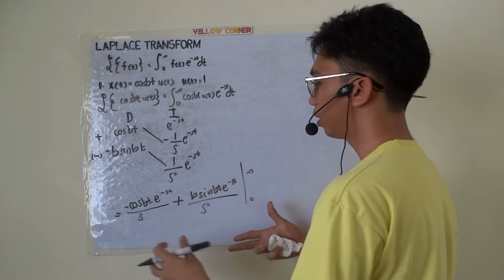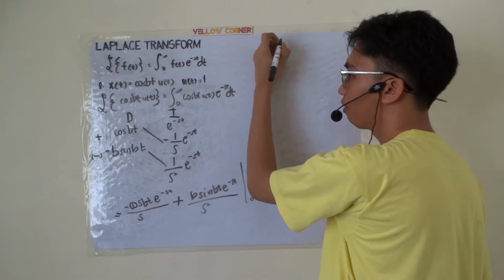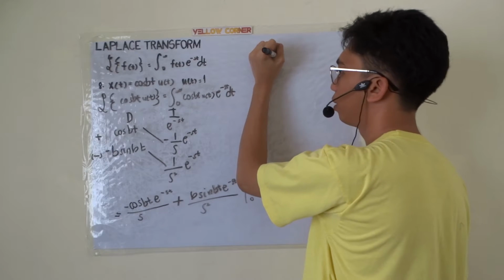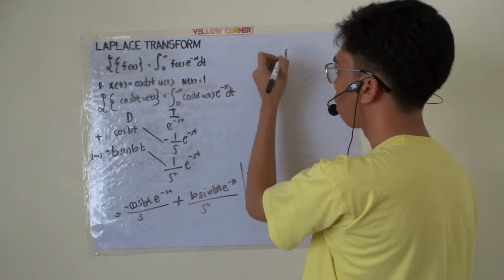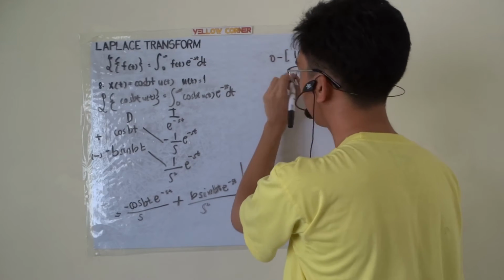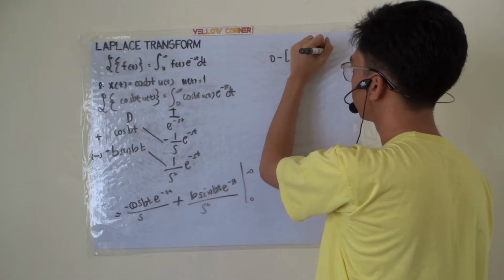And evaluating this part, we'll be having 0 minus 1 times 1 over s times 1 plus 0.